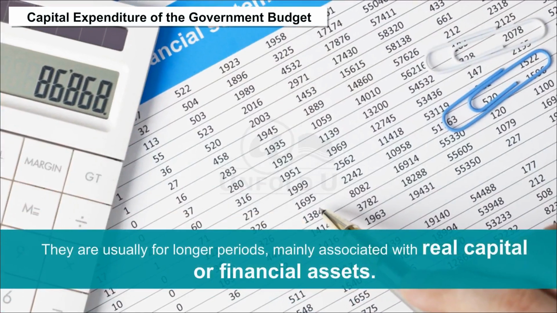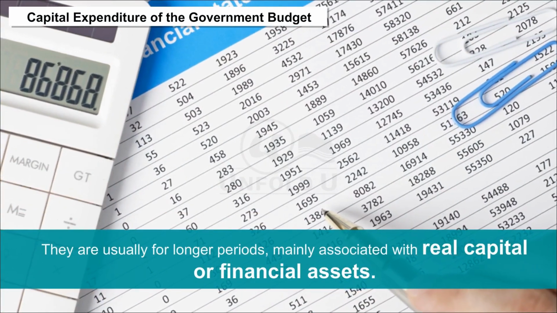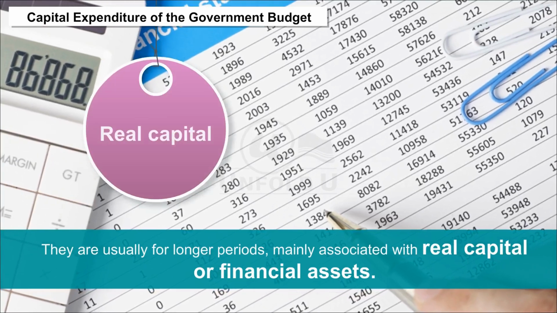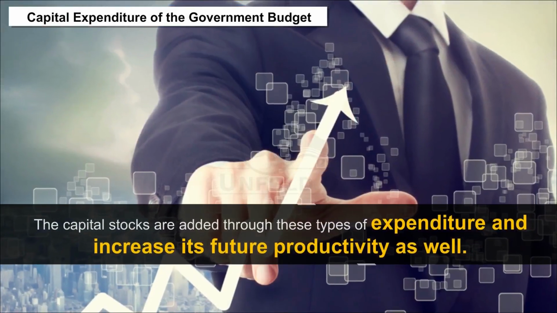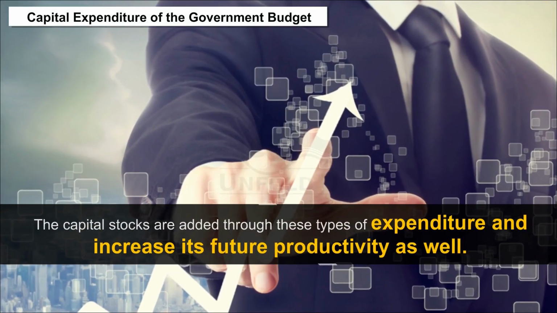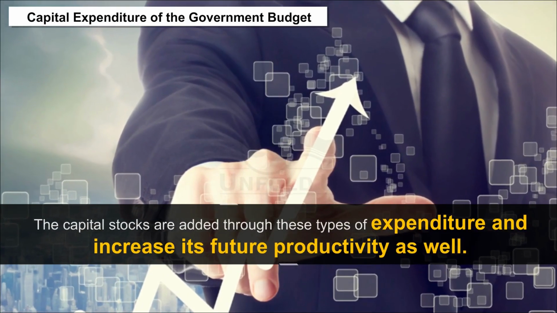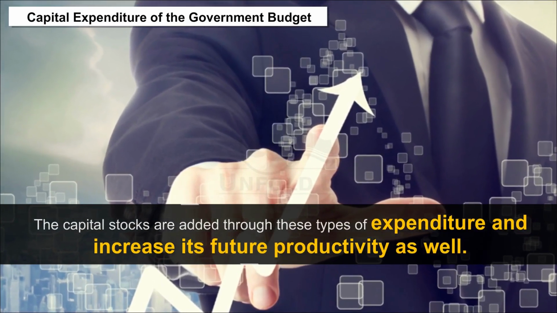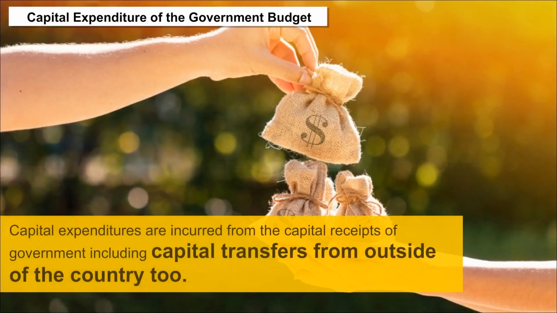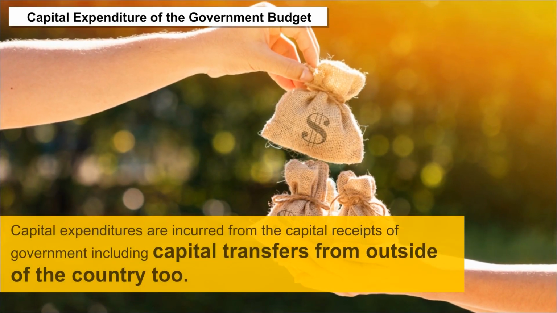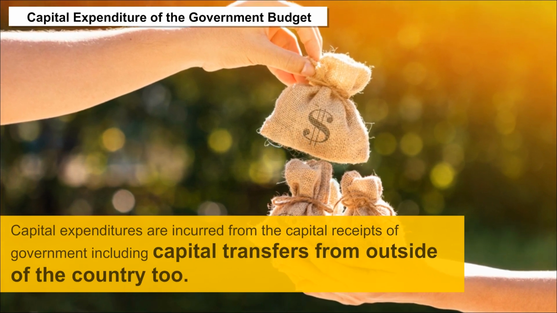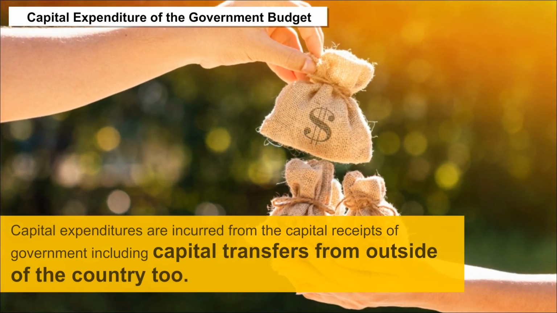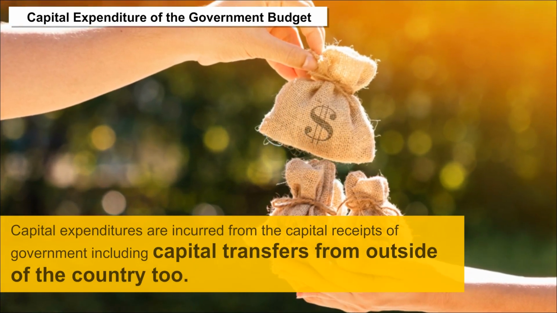They are usually for longer periods, mainly associated with real capital or financial assets. Capital stocks are added through these types of expenditure and increase future productivity as well. Capital expenditures are incurred from the capital receipts of government, including capital transfers from outside of the country too.